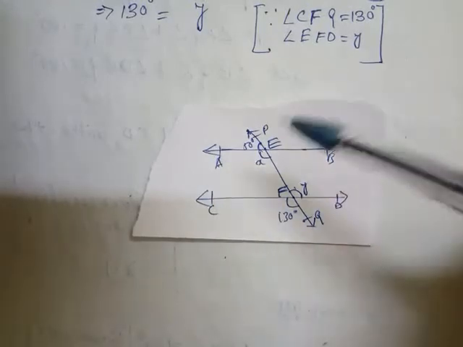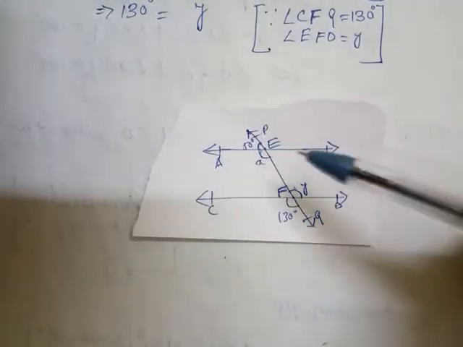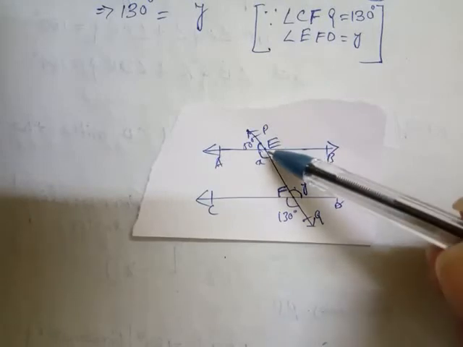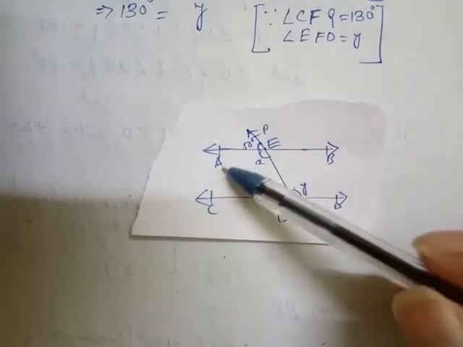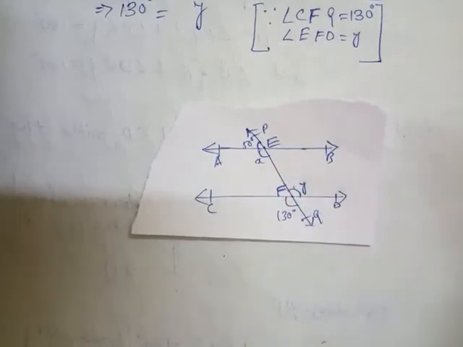Here AB is the line and PQ is another line. Both the lines intersect each other at the point E. So students, we can say that AEP plus AEF is equal to 180 degrees, linear pair.